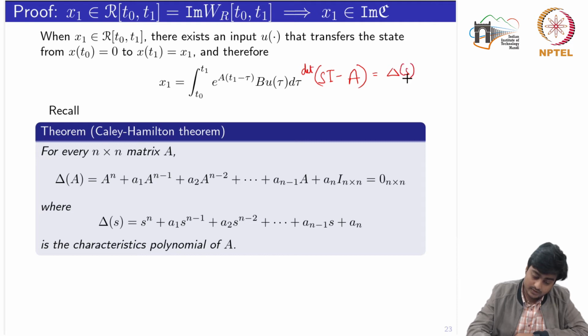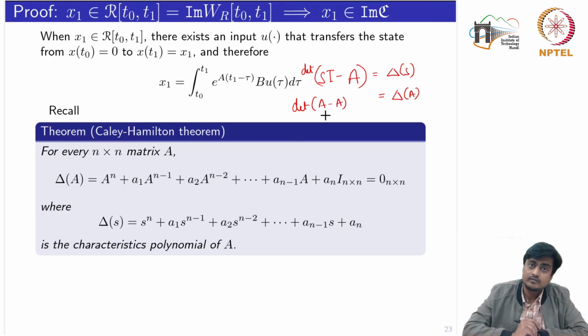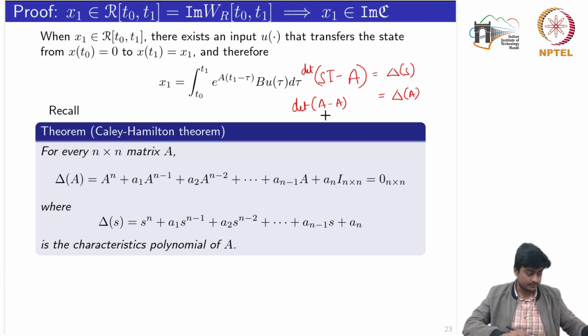Basically, this is delta of S. If I replace S by A here, I would have determinant of A minus A, so it would be equal to 0.